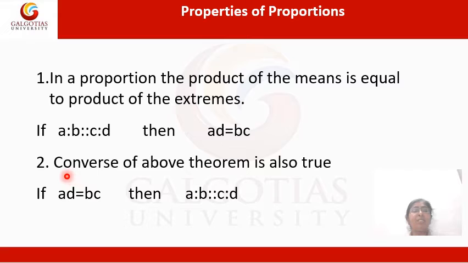The A term and D term are said to be extremes, and the B and C entries are said to be means. So AD is equal to BC. Next, the converse of the above theorem is also true. That is, if AD is equal to BC, then A is to B proportion C is to D.